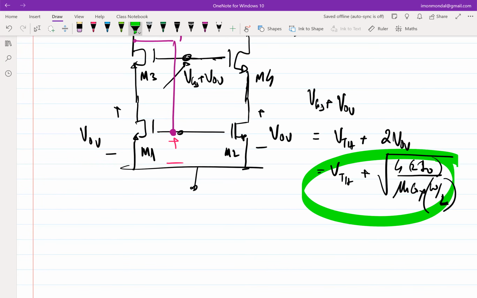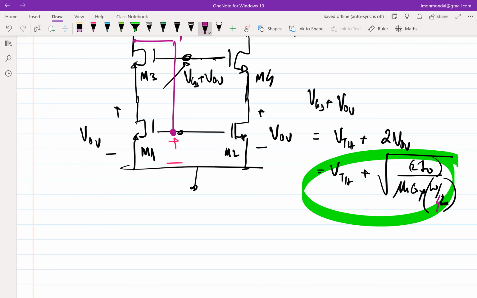If I rewrite it in this form, 4 goes to the denominator. It seems like this is the case in which I have put a current source of I naught into a transistor whose aspect ratio is W by 4L.